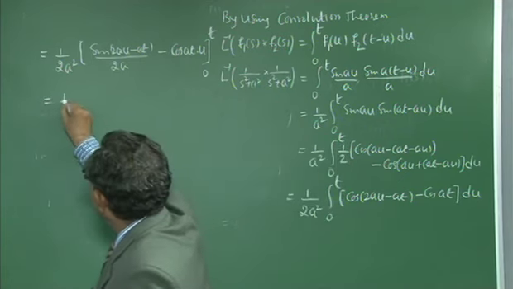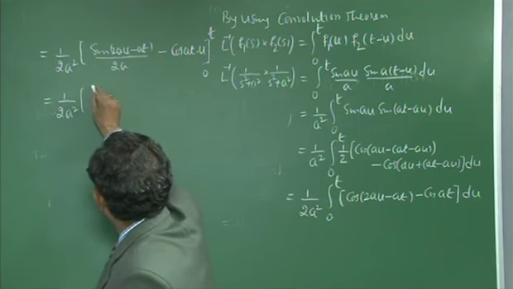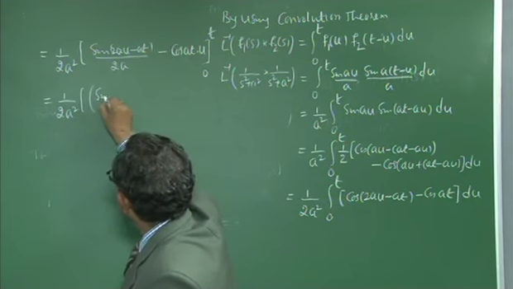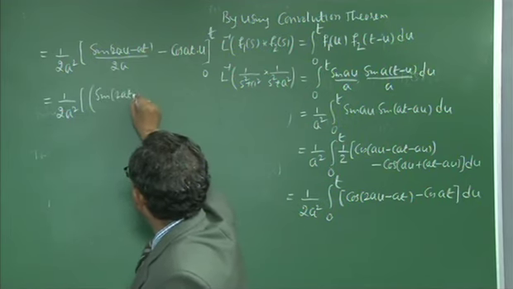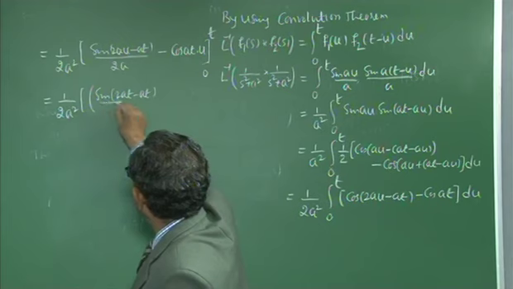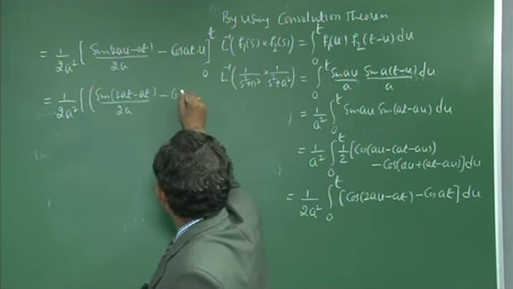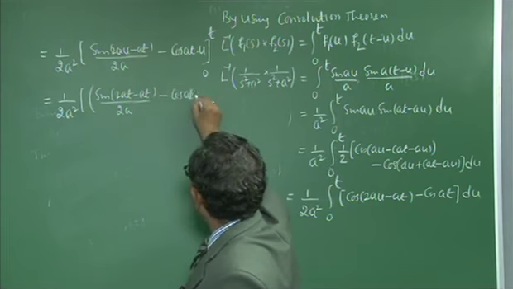Now simplify 1 by 2a square. Now substitute the upper limit: it is sin of 2at minus at divided by 2a minus cos at into t.